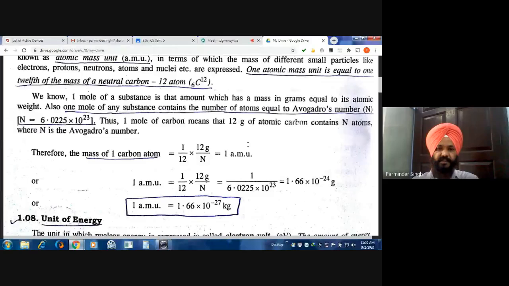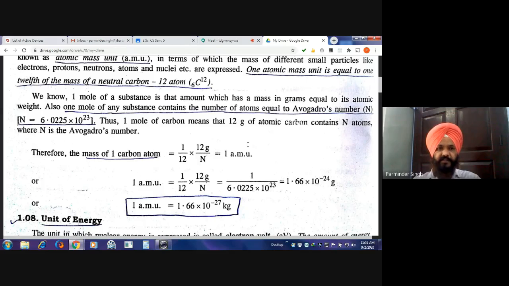If we have 1 mole of carbon, meaning 12 gram of atomic carbon, that is 12 gram divided by capital N, the Avogadro number. So 12 and 12 will cancel out and we are left with 1 AMU. 1 atomic mass unit is equal to 1/12 × 12 gram divided by capital N.